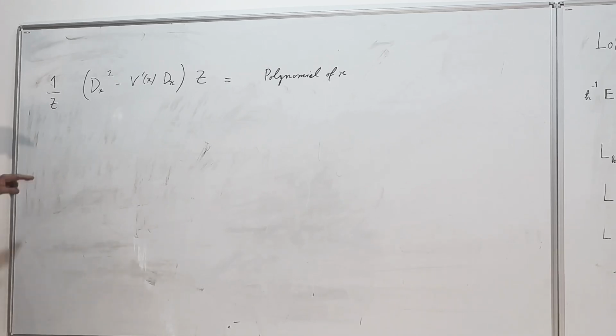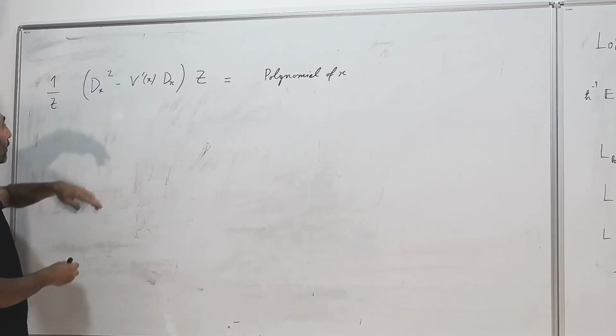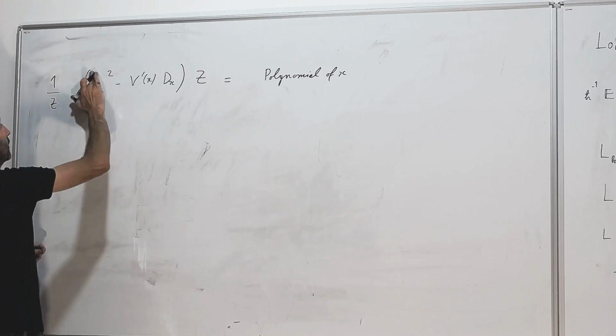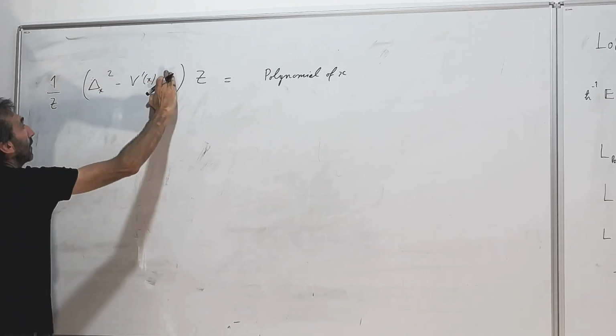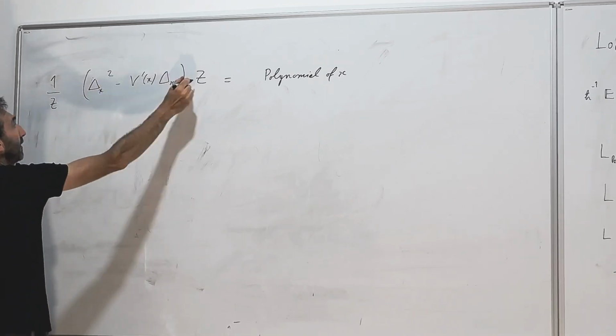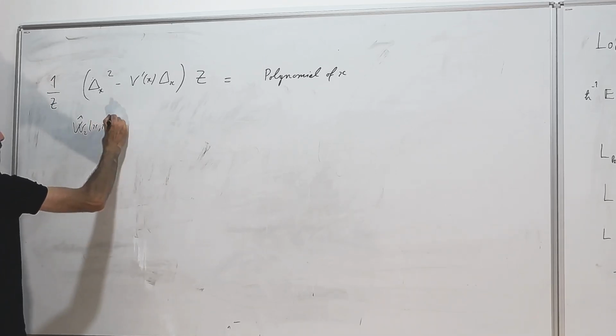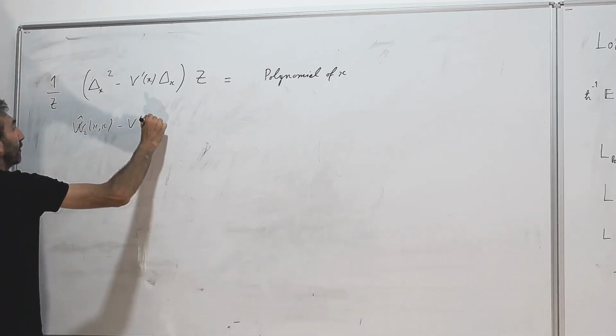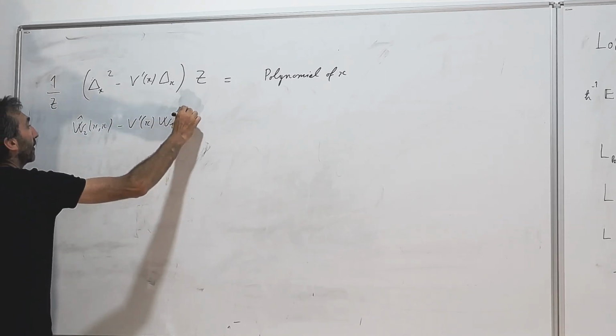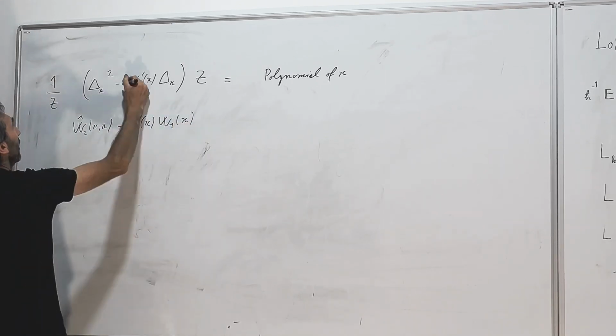Because you see, delta x acting twice on Z gives this W2 hat of x, x minus v prime of x W1 of x. So there is an h bar.